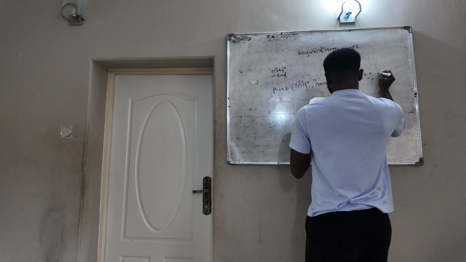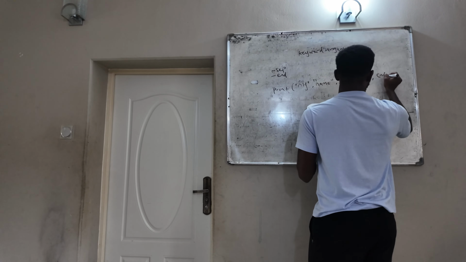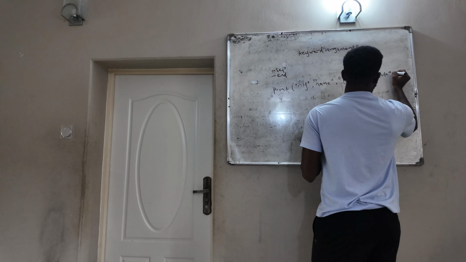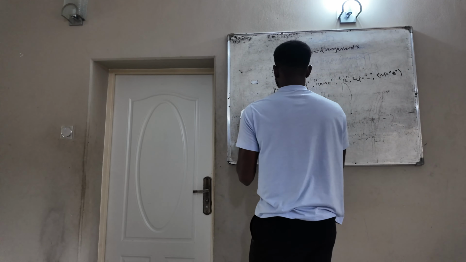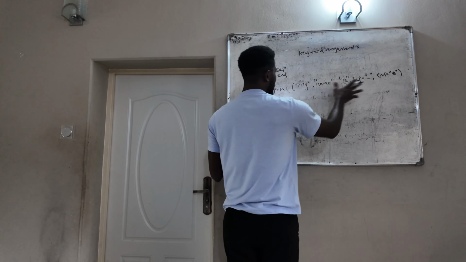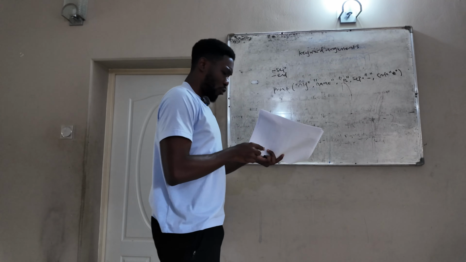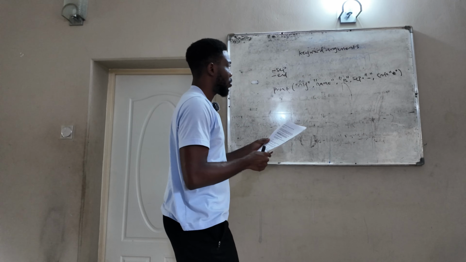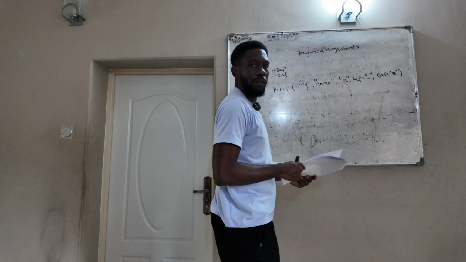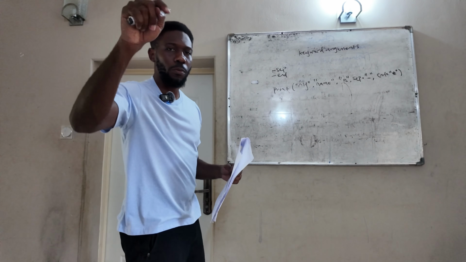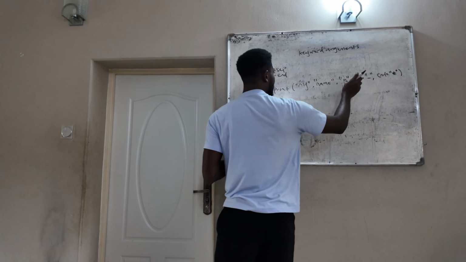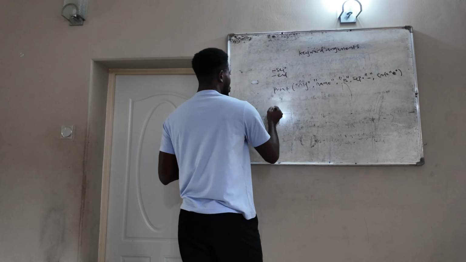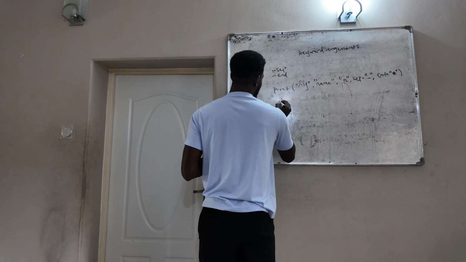Then let's end with maybe a star or something like that. So before I write anything, what do you think is going to happen here? Put it in the comment section. So we've used sep and we've used end. If I print this, what do you think I'm going to have?